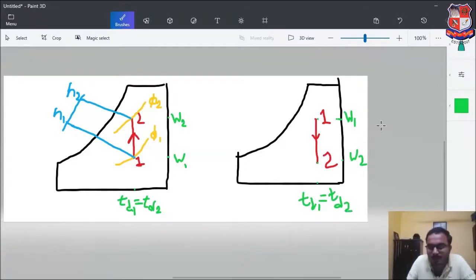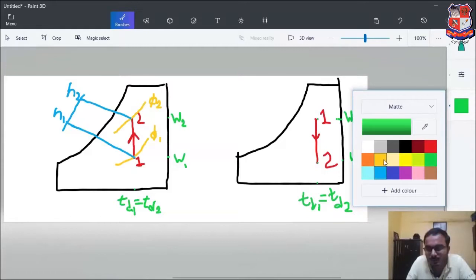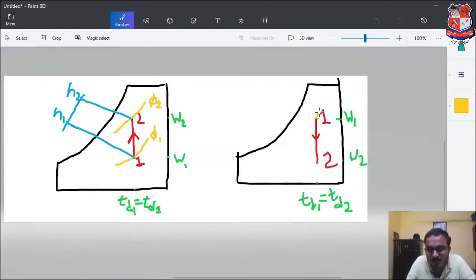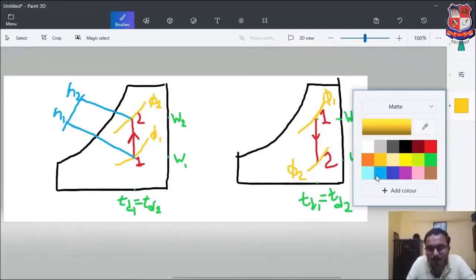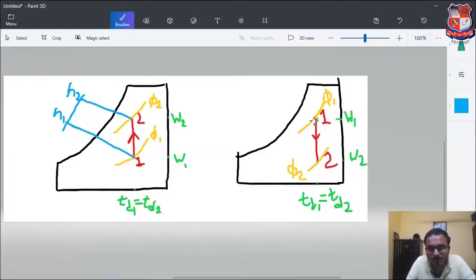Okay, and as you can see, the relative humidity has reduced from phi1 to phi2, and the enthalpy values have also reduced.